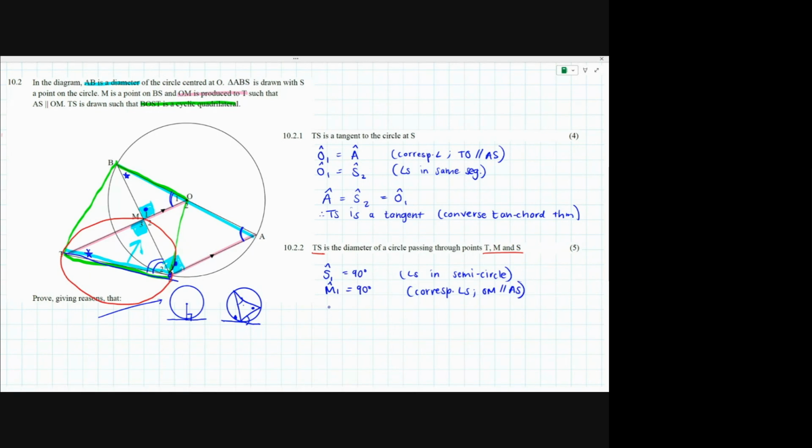And because M1 is equal to 90, we know that M3 is also equal to 90 because of vertically opposite angles. And because that M3 is equal to 90, we can say that TS is a diameter, because of converse angles in a semicircle.